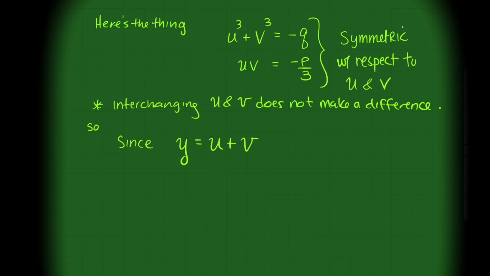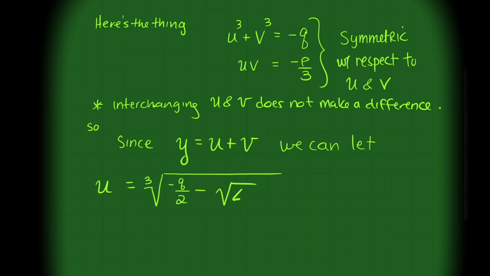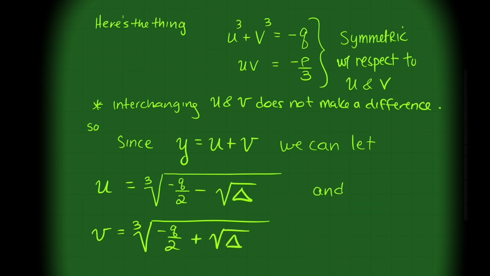If y is equal to u plus v, then we can let u be the, let's call it the negative cube root, the one with the negative symbol inside it, and we can let v equal the positive cube root solution, the one with the plus sign in the middle.